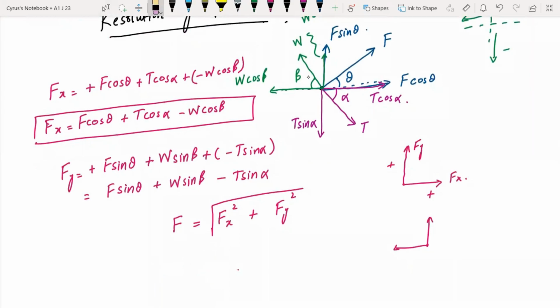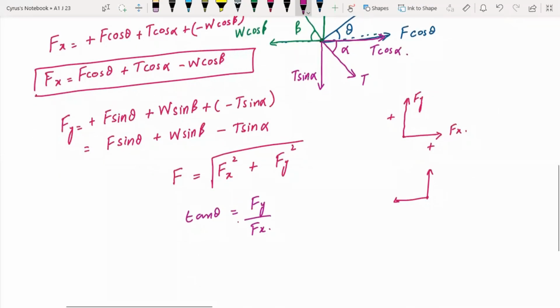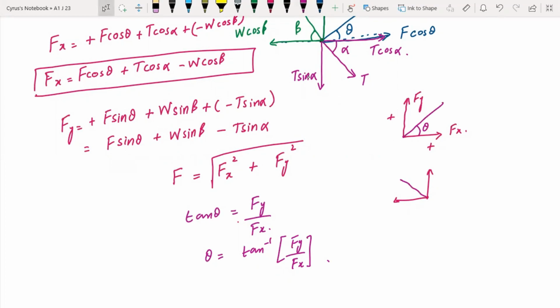I can write here tangent theta is fy over fx, and you can find the value of theta, which is tangent inverse fy over fx. ठीक है, अगर आपका एंगल इस तरफ आ रहा है तो आपको बताना पड़ेगा it is along the horizontal towards the west, right, whatever, या आप नॉर्थ वेस्ट बताएंगे इसके साथ, ठीक है, something like that, 90 में से माइनस करके. So this is the procedure that you have to do.